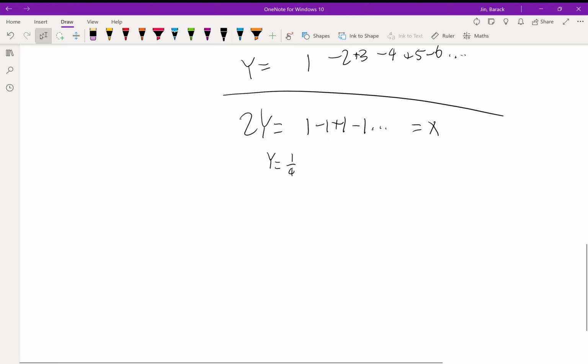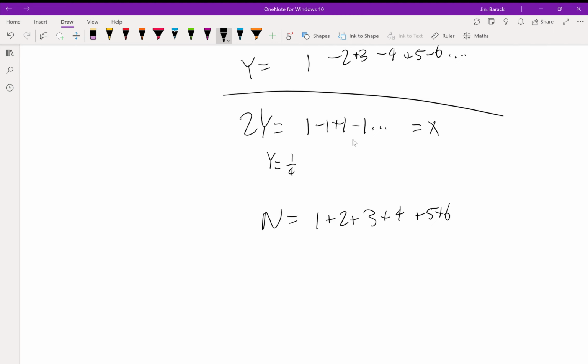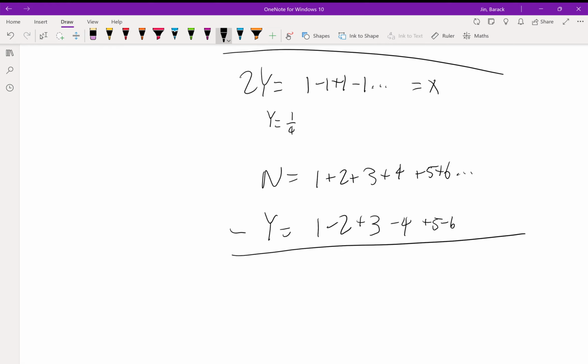So now, we will do n minus y. So n equals 1 plus 2 plus 3 plus 4 plus 5 plus 6, and so on. y equals 1 minus 2 plus 3 minus 4 plus 5 minus 6. n minus y is equal to 4 plus 8 plus 12, and so on.